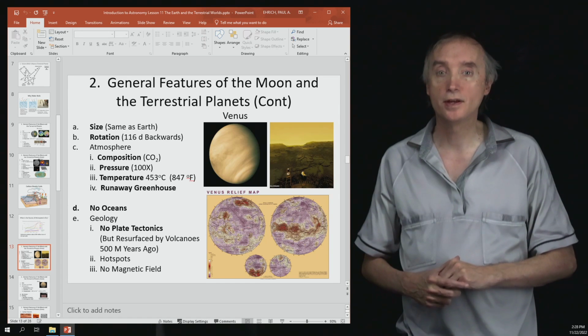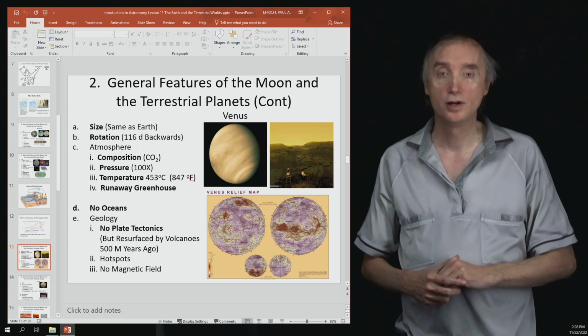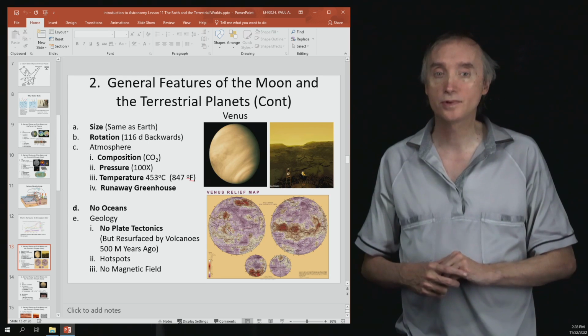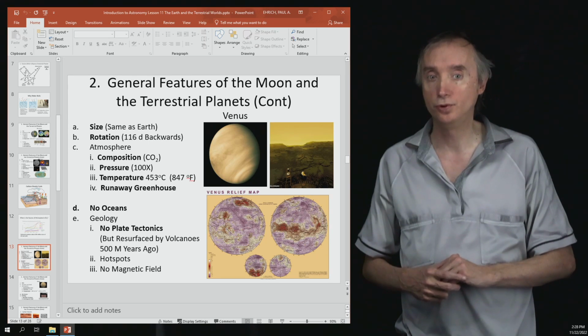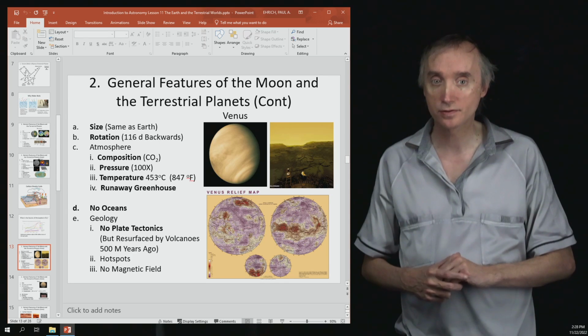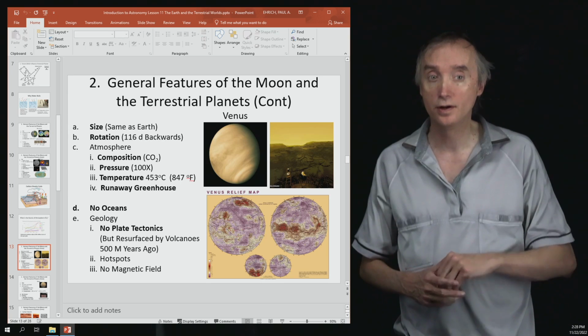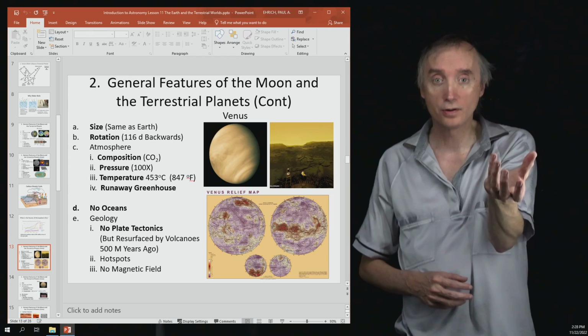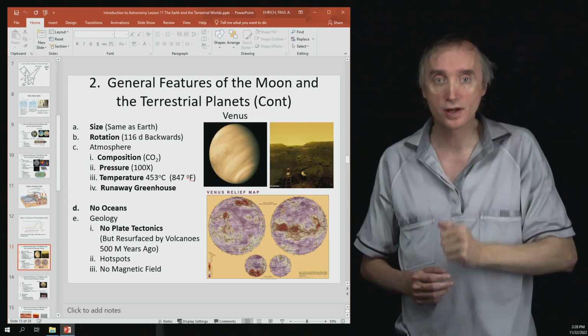Another thing is it rotates backwards. So we think that this is a result of a collision. So the same type of collision that formed our moon, we think that something hit Venus and caused it either to flip completely upside down or to make it start to rotate backwards.